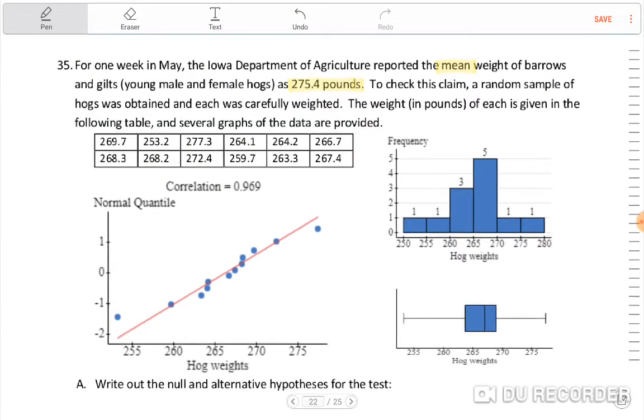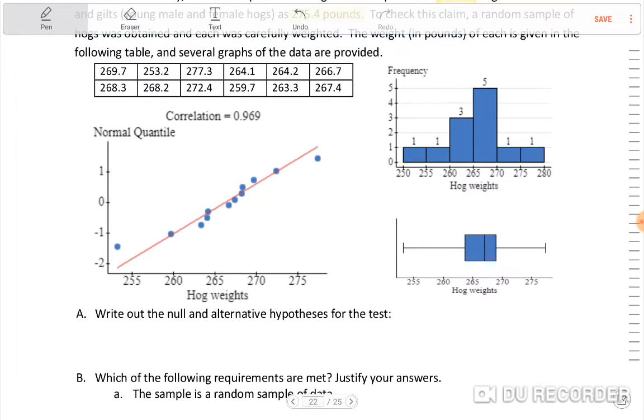So for 1 week the Iowa Department of Agriculture reported the mean weight of these hogs as 275.4 pounds. But then to check that claim, we found a random sample of hogs to check to see if it's different. It didn't say more than or less than. Now I'm seeing it. Sorry. Took me a little minute.